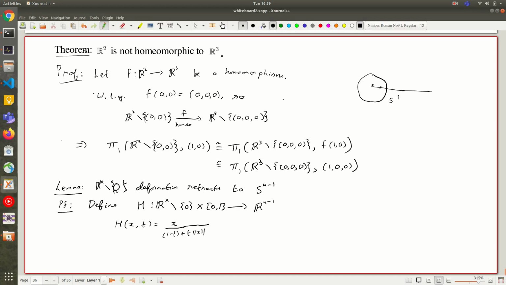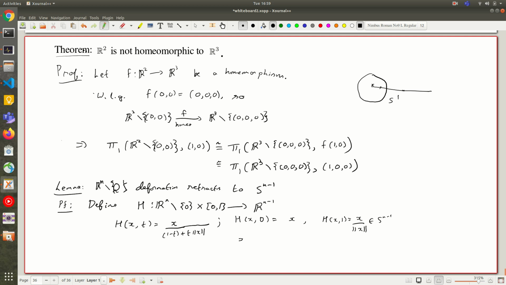But since this is the first deformation retraction we are constructing, let's verify certain things. So let's look at h of x at 0, which is of course x, and h of x at 1 is x by norm x, which is in Sn minus 1.